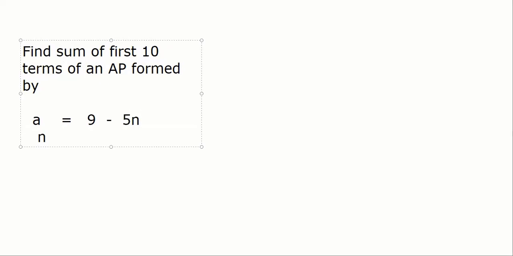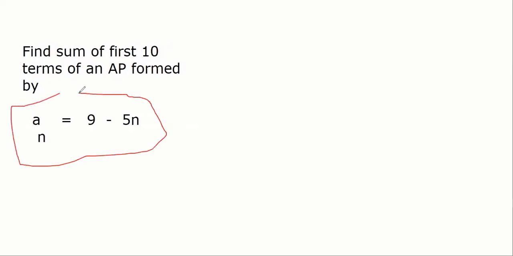I am giving you the equation, I am not giving you the AP. Guys, this is a very easy form. I have seen a lot of students who get stuck here. But it is very easy. The moment your AP is given in the form of an equation, it becomes easier.